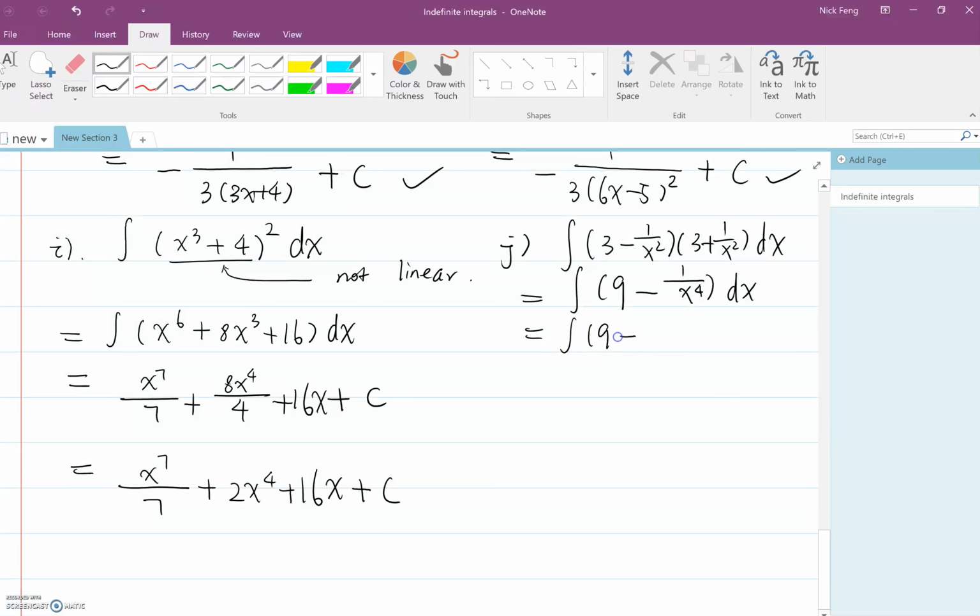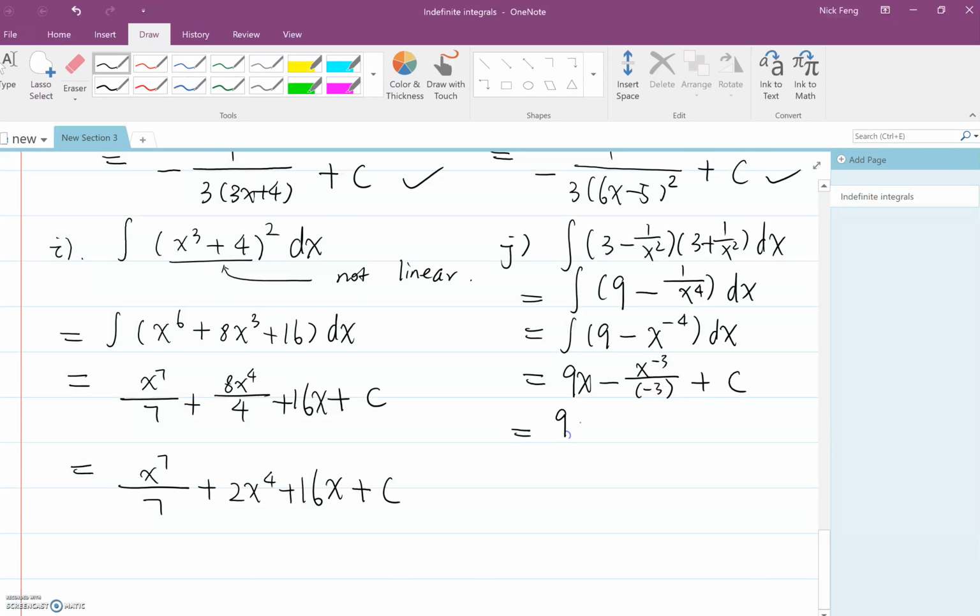However, you might want to change 1 on x to the power 4 to the index form. Therefore, you don't need to worry about the complication. And then you just integrate 9x minus, now this is x to the power of negative 3 over negative 3 plus c.